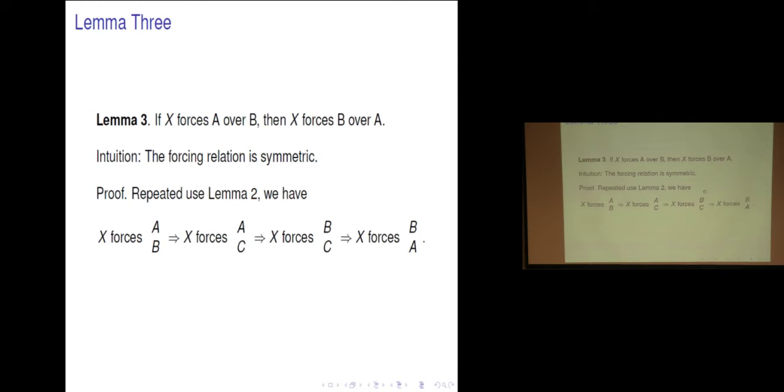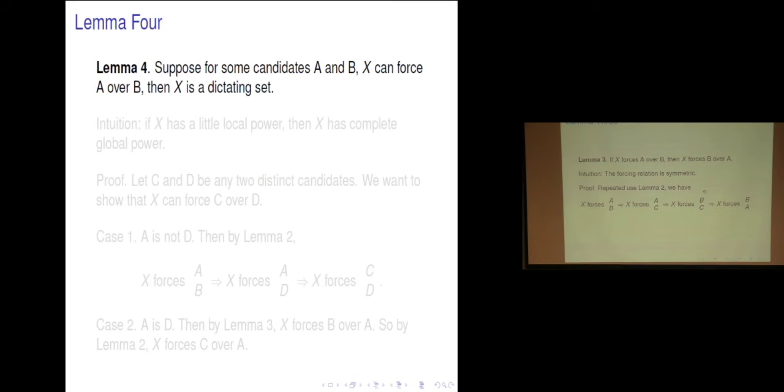In particular, X will force C below B, right? Now, if X can force B above C, then X can force B above anybody. So X can force B above A, right? So from forcing A over B by using the third person, you can flip the order. You can get X forcing B over A, right? So this is easy. This is okay.